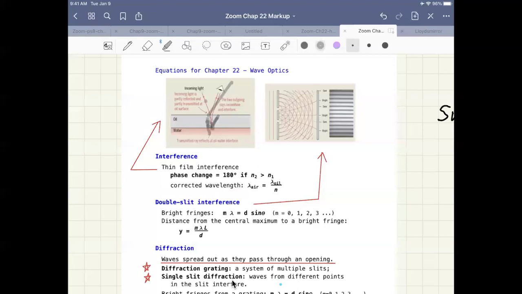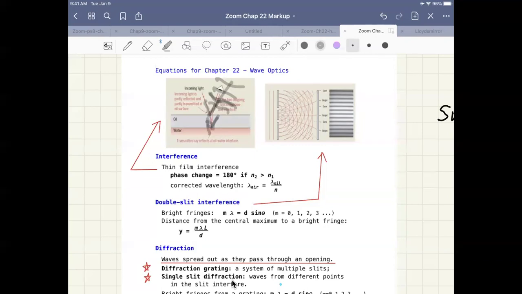Now, there would also be 180 degrees phase change where this reflection occurs. So the interference of the outgoing waves would be a maximum constructive interference if the path difference was an integer number of wavelengths.